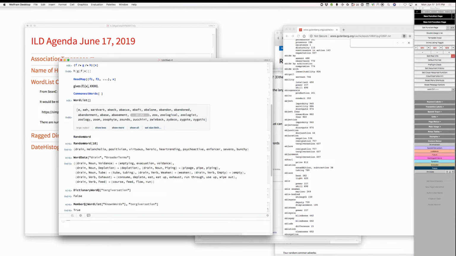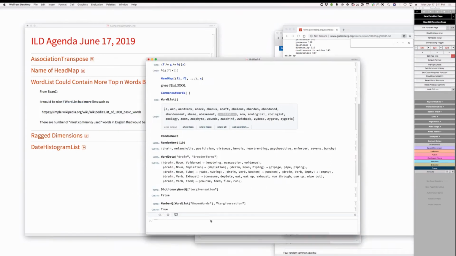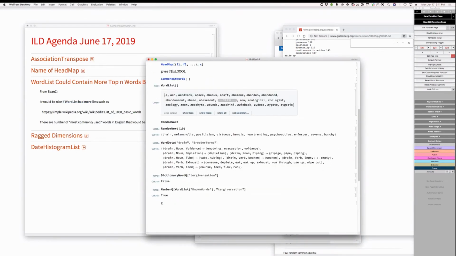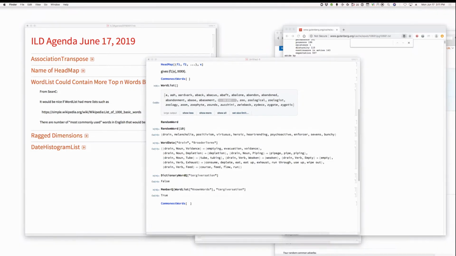Okay. All right. So let's come back to the original question. So the original question was, didn't we have a notion of commonest words that was supposed to be a thing that we could ask for a given piece of text? Actually, didn't we have a commonest words thing that we were planning for a long time?